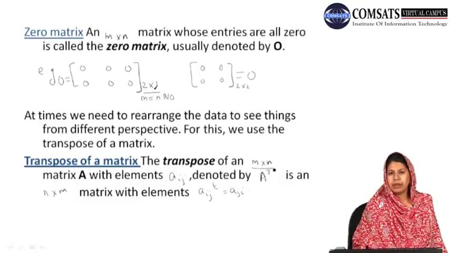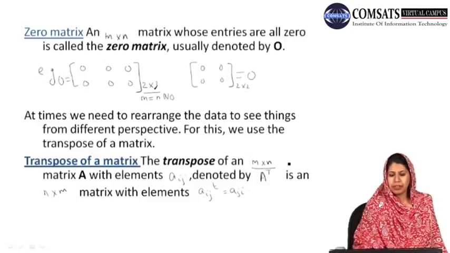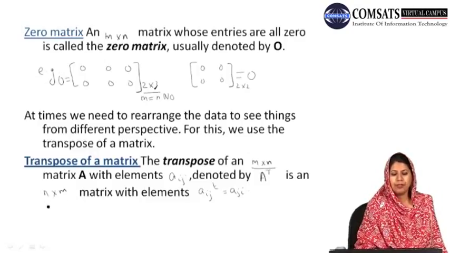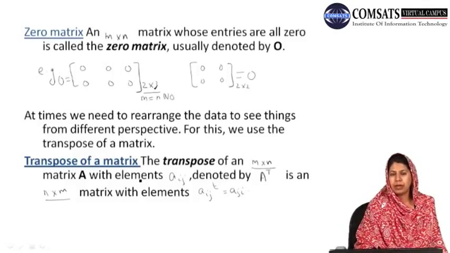The transpose, denoted by A superscript capital T, is a matrix having order n by m. If we look at both orders, we have simply interchanged the number of rows with the number of columns. That is, by taking the transpose of a matrix, we interchange the rows with the columns of the matrix.